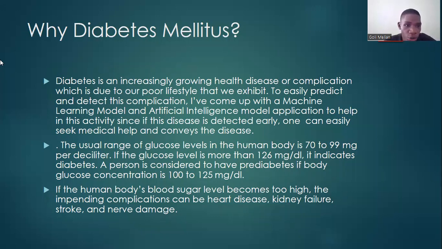So as we consume a lot of sugars, the sugars in the body keep accumulating. The more they continuously accumulate and the body can't manage this, this complication will come about, diabetes mellitus.